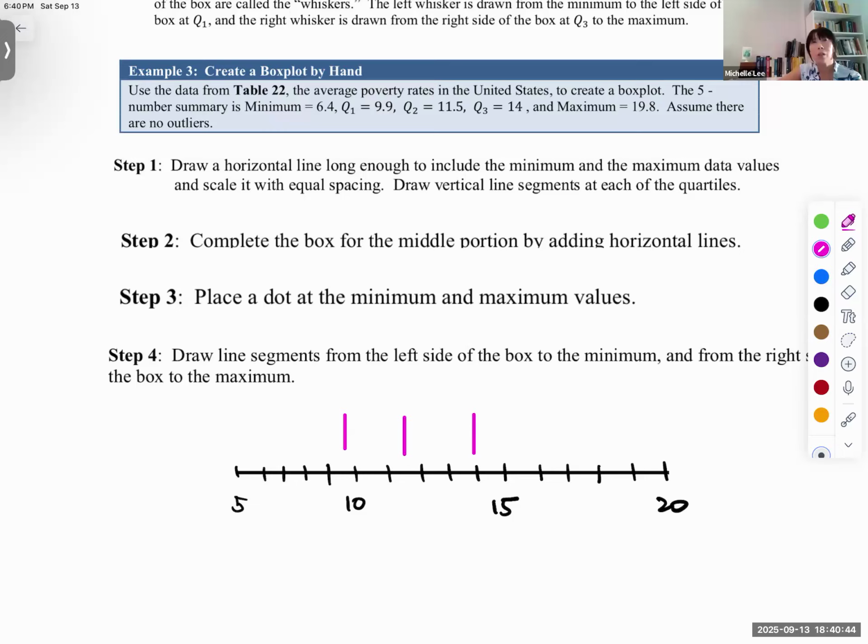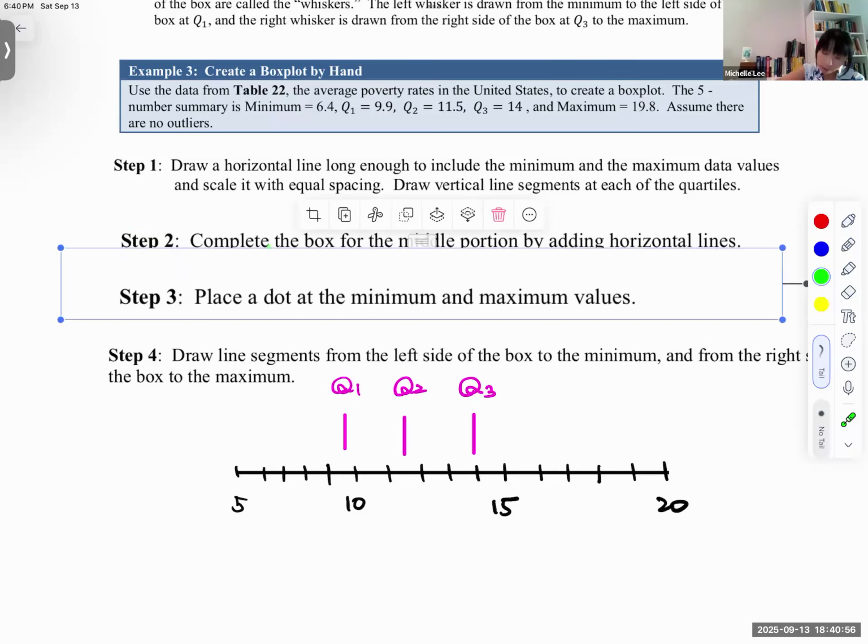So this is Q sub 1, Q sub 2, Q sub 3. All right. Step 2: complete the box for the middle portion by adding. Okay, so we're going to make a box.